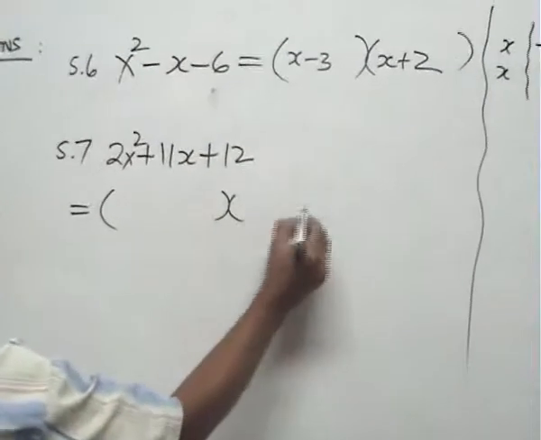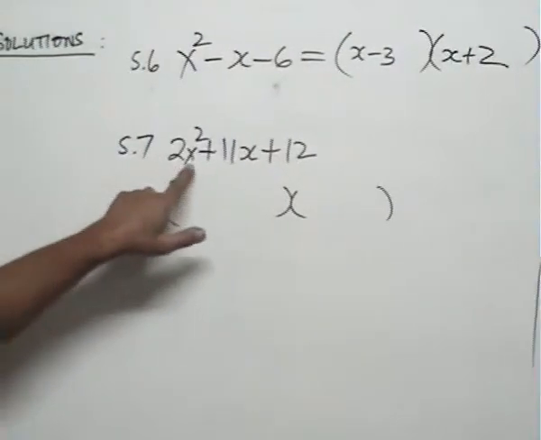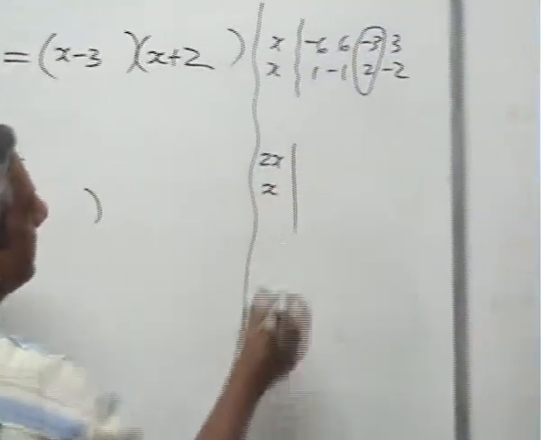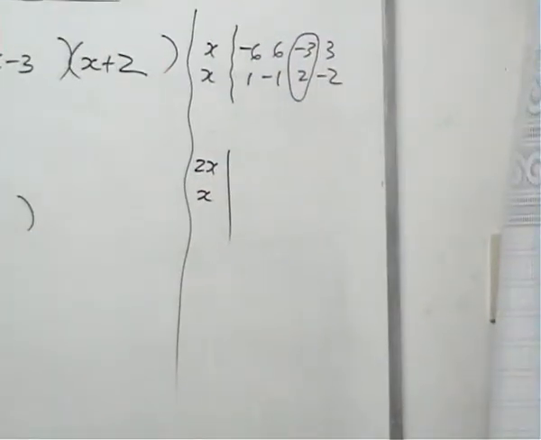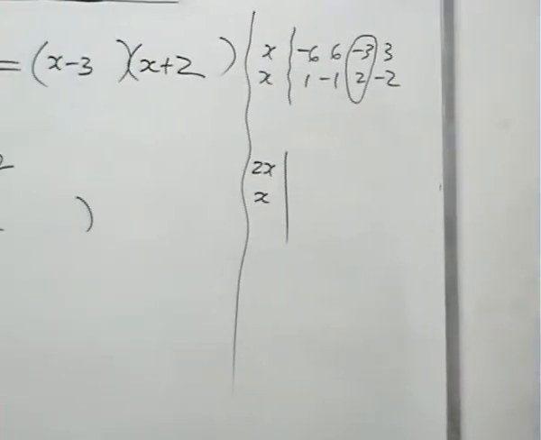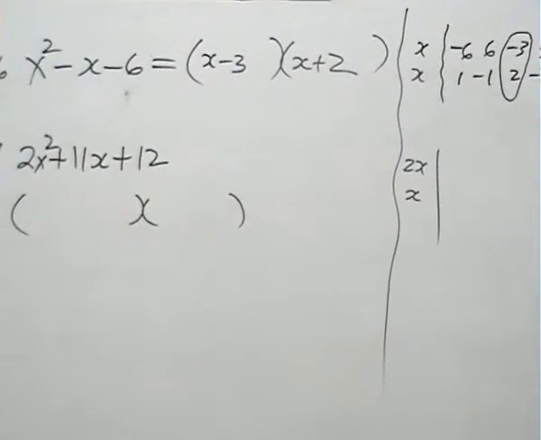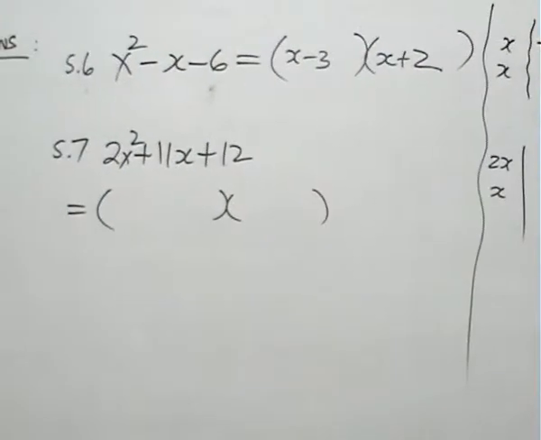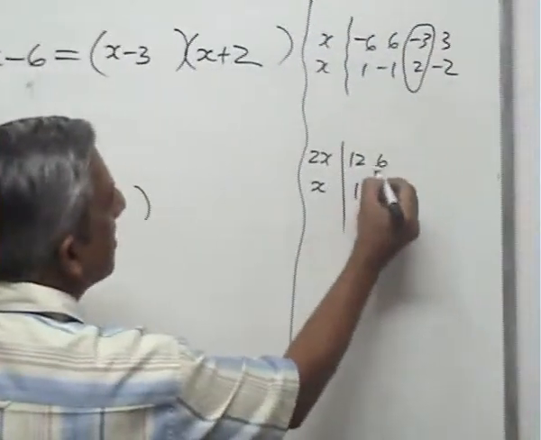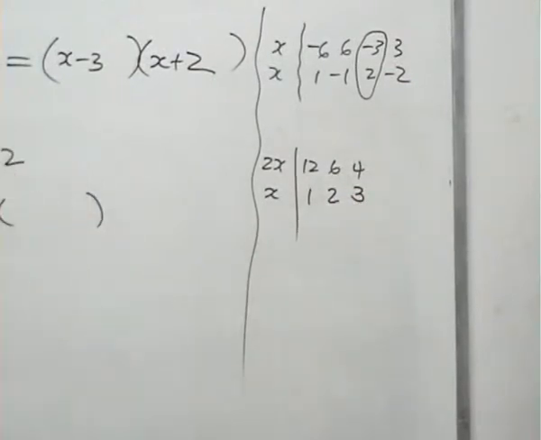Now just to make our life easy, I'll just write the answer at the bottom. Now this time I got 2x squared, so I will write 2x and x here. And now we got 12, so we can write down all the possibilities for 12. So it can be 12 times 1, it can be 6 times 2, it can be 4 times 3.